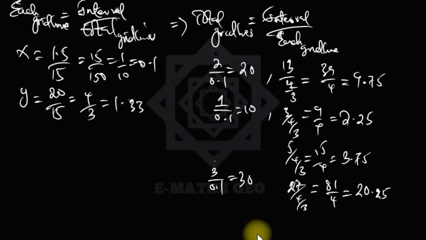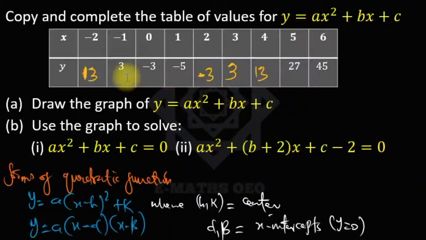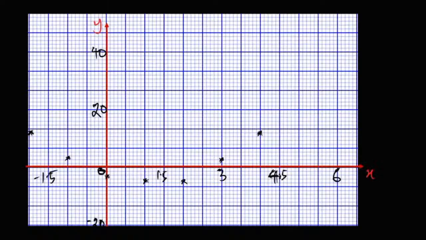So we move 20.25. Up or down? We move up. So 5 will be 50, so 5, 10, 15, 20, 25, 30, 35, 40, 45, 50, and we move up 20.25, 5, 10, 15, 20. So it should be somewhere here.